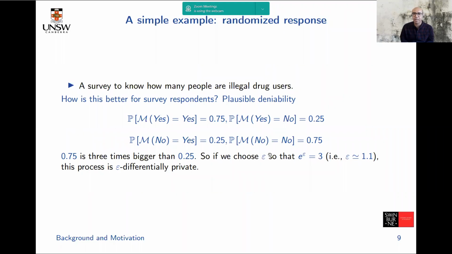So we can explain it with a simple randomized response example. If you want to run a survey to know how many people, for example, are illegal drug users, and you directly ask, you cannot get the true answer. People may just give you the wrong answer. Instead, you can randomize and ask people to flip a coin.